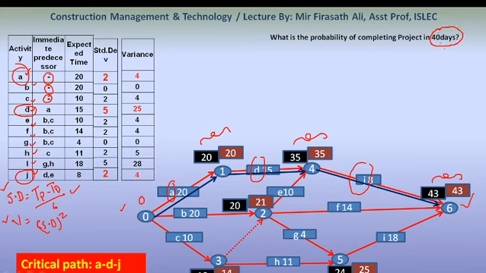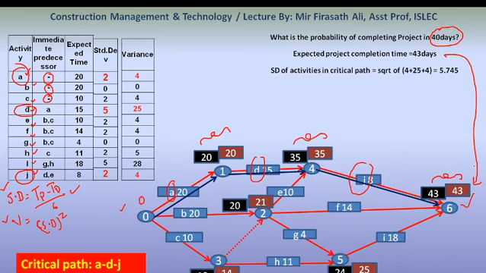Is it possible to complete the project in 40 days, or what is its probability? As expected, the project completion time is 43 days, which we have got through the network diagram. So what is the chance of completing this project in 40 days?